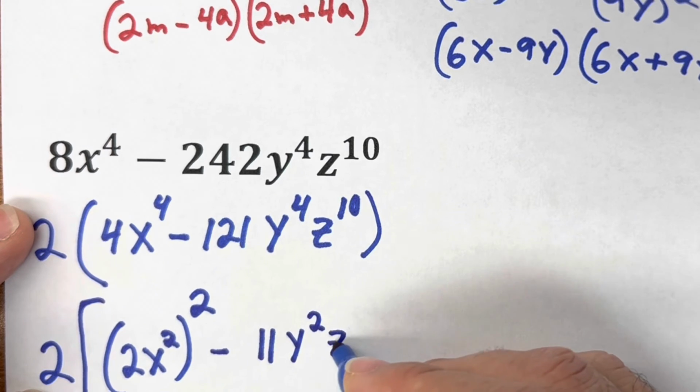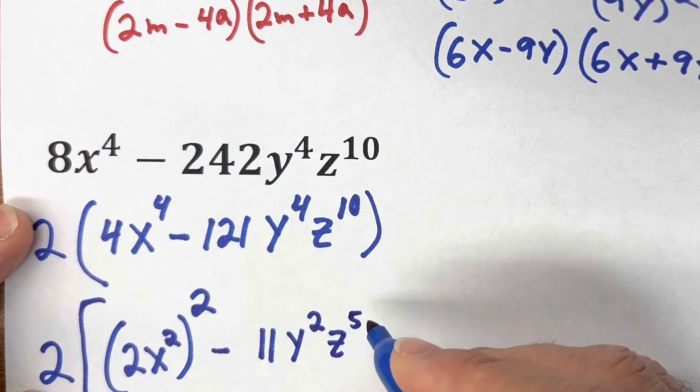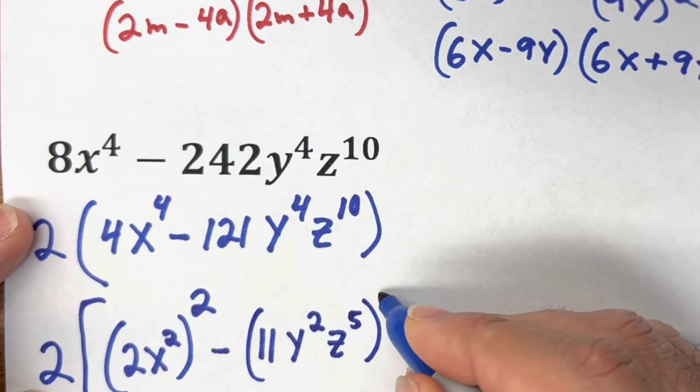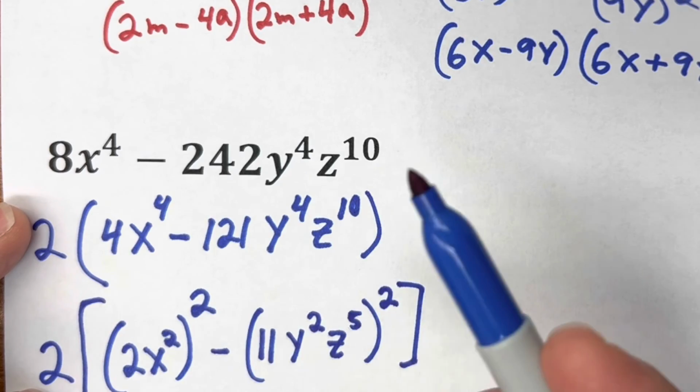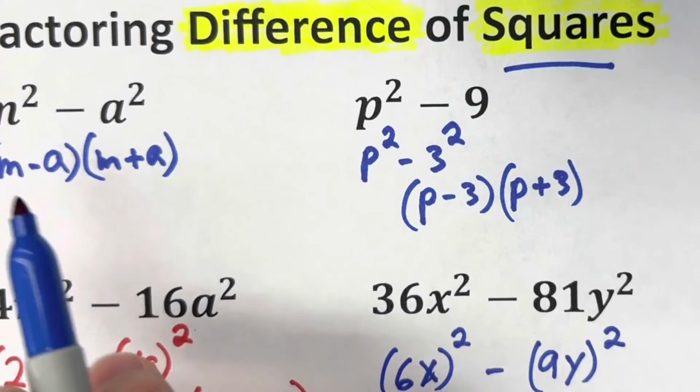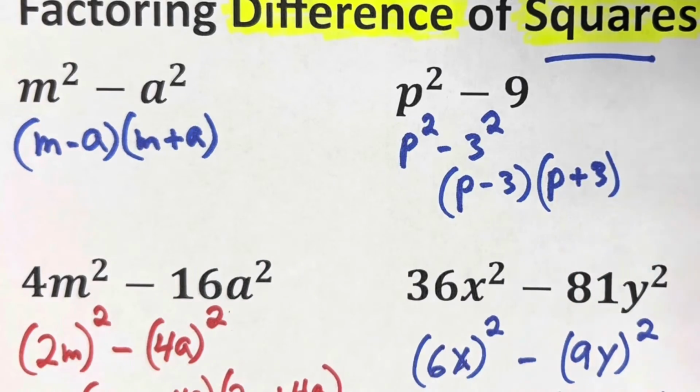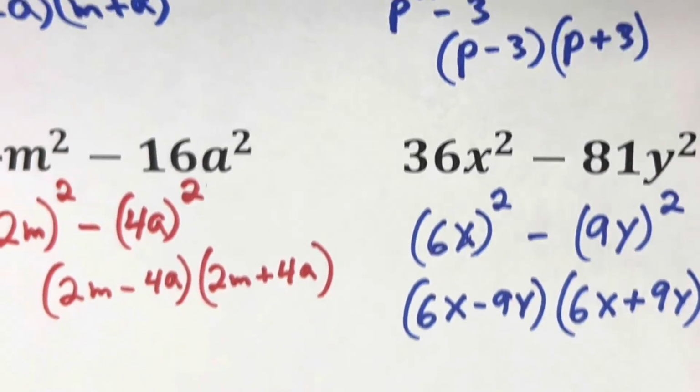And z, we will have exponent 5. So now this whole term is squared, and now I'm ready to work, okay? Even if it's a big term, it doesn't matter. But the base needs to be squared in order to apply the factoring difference of squares. It has to be a difference and it has to be a square.